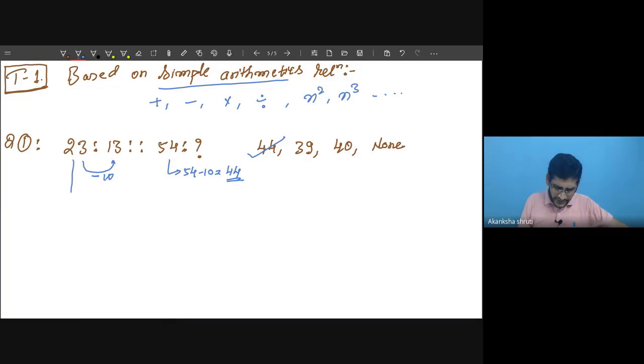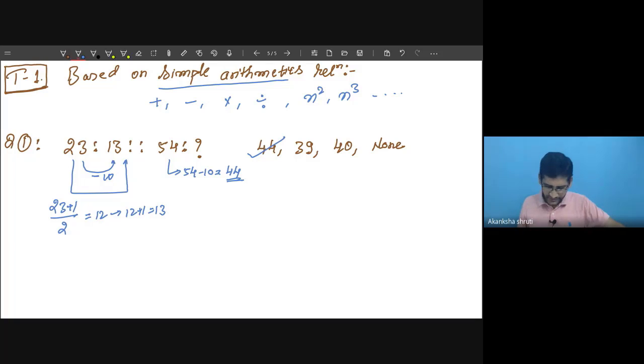There could be another relation, what it could be? Yes, student? What it could be? We can search. So if I increase this 23 by 1, then if I am dividing, we are getting this as 12, then adding 1 in this 12, we are able to reach this 13.